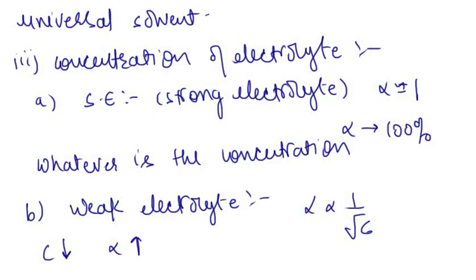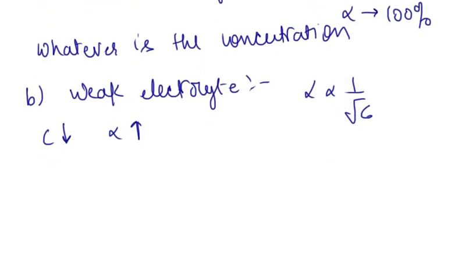So what happens in the extreme case? In the extreme case, let's say the concentration is tending to 0. We are in the condition of infinite dilution. When I keep diluting the acetic acid, as in the example we are seeing, keep on diluting and diluting, what will we see?